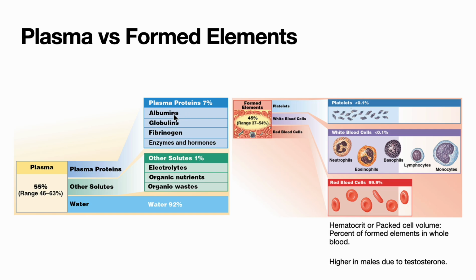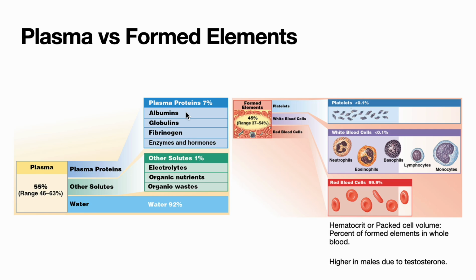These are going to be important because they shouldn't be present in urine if your kidneys are healthy and working normally. So by looking for albumins in urine, we can get a quick assessment of what's going on at the kidney level. And if we do see albumins, that is a concern for kidney function. It may indicate something like diabetes, for example.